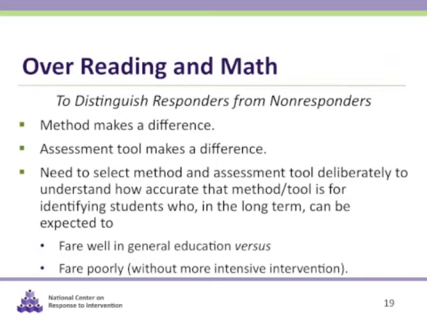So we need to select a method and an assessment tool carefully to understand how accurate that method and tool will be for identifying students who in the long term can be expected to fare well in general education. We want those students to accurately be designated as responsive to secondary prevention. And we need to select a method and assessment tool that also accurately identifies for us students who will not fare well unless they receive more intensive tertiary prevention.